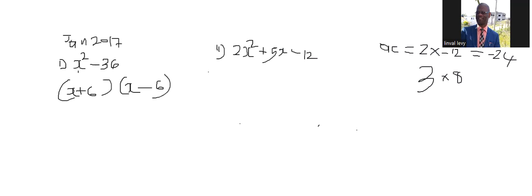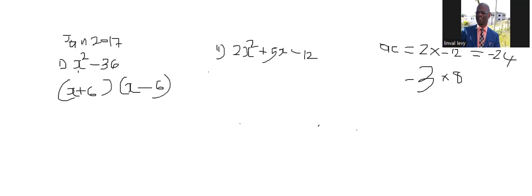And positive 3 plus positive 8 is 11. So we need a positive 5, and we need a negative 24. So we are going to use negative 3 times positive 8, which would give us negative 24, and negative 3 plus 8 would give us a positive 5.